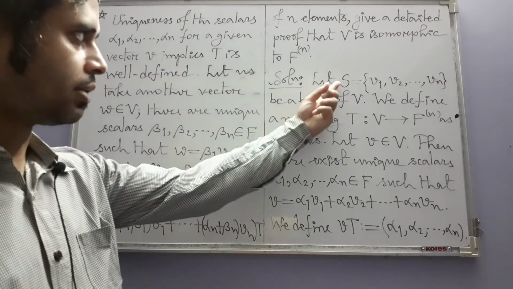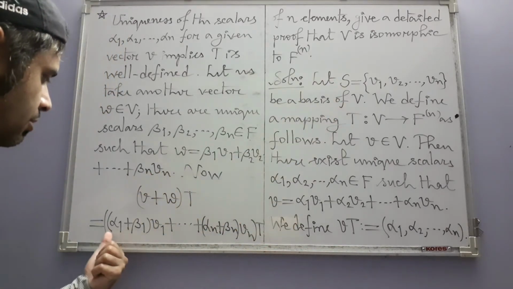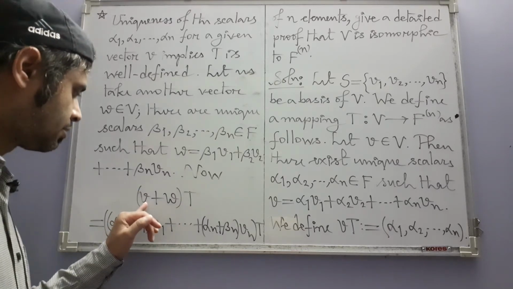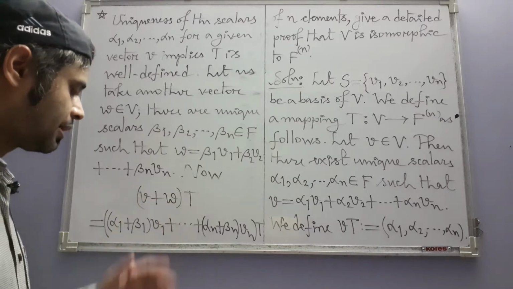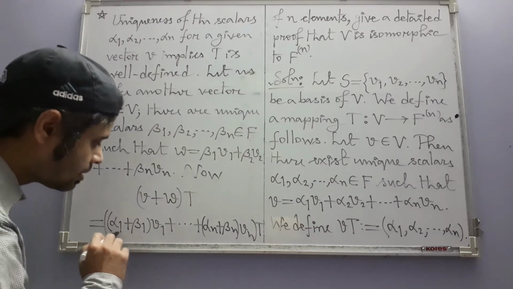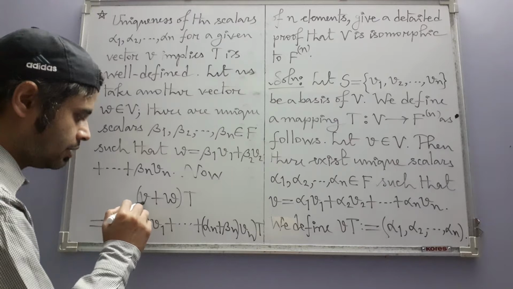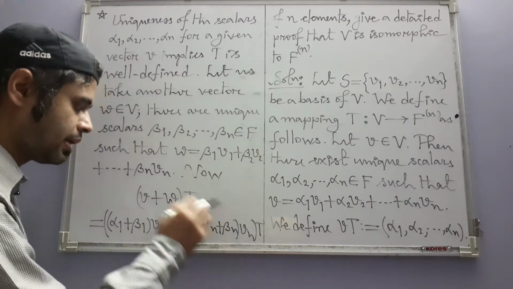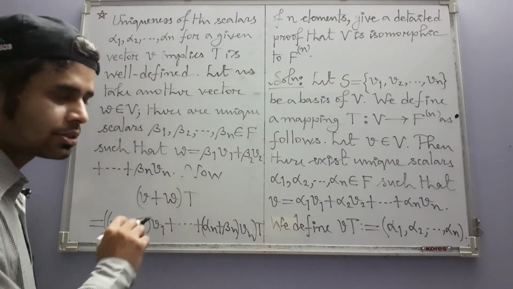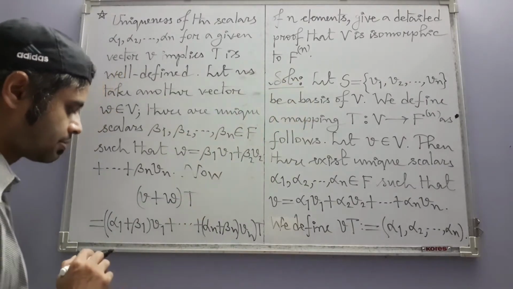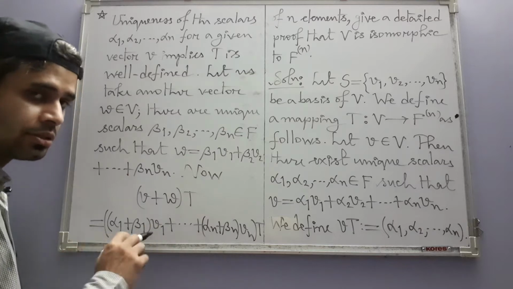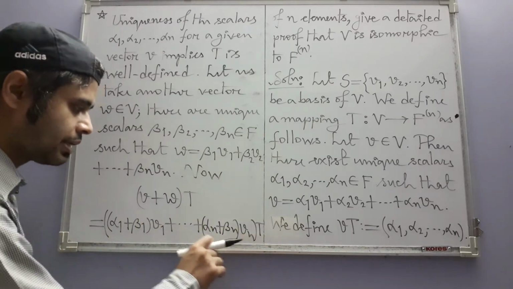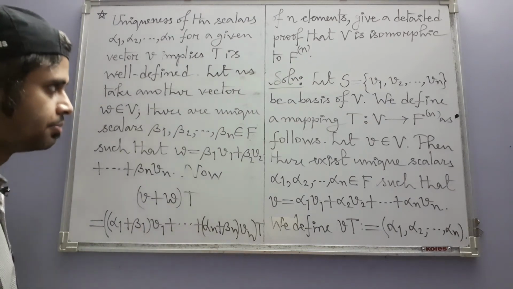What I am trying to say is that this linear combination that gives us v plus w is the only linear combination of these vi's that gives us v plus w, because of linear independence of S, and that comes from the uniqueness of these scalars. So if you have found one linear combination, that is the only one.